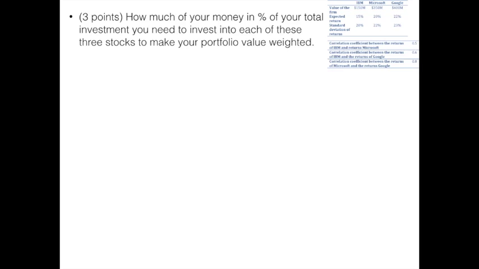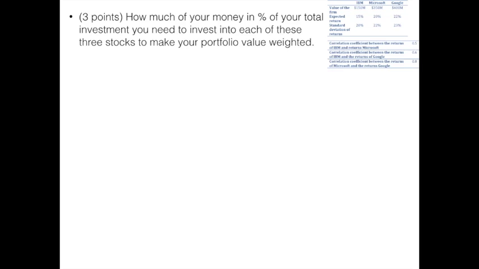Why am I asking this? I want you to know how to calculate weights in a value-weighted portfolio, because we have seen in our class that the value-weighted market portfolio is the most efficient portfolio in the universe. So how do you calculate value-weighted weights? In other words, I ask you how much in percent you will invest into each of the stocks.